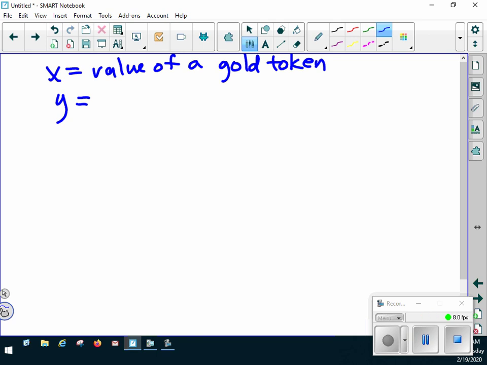What do you want to let Y equal? Value of a silver token. Look, you can do this. I'm fine with that. If you want to write it out, that's fine. Z, good, is the value of a bronze token.